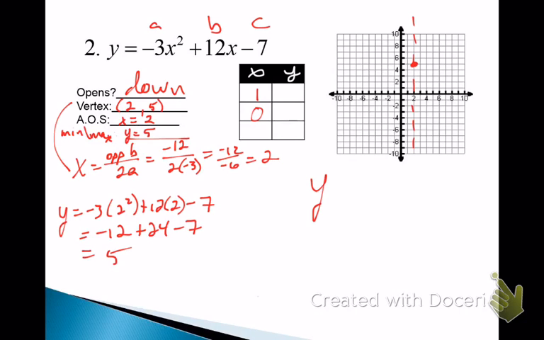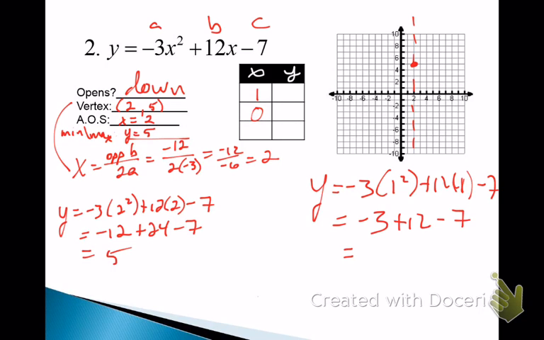So let's plug in 1 for x. You get negative 3 times 1 squared plus 12 times 1 minus 7. 1 squared is 1 times negative 3 is negative 3 plus 12 minus 7. So this is going to be 2. So the y here is 2.